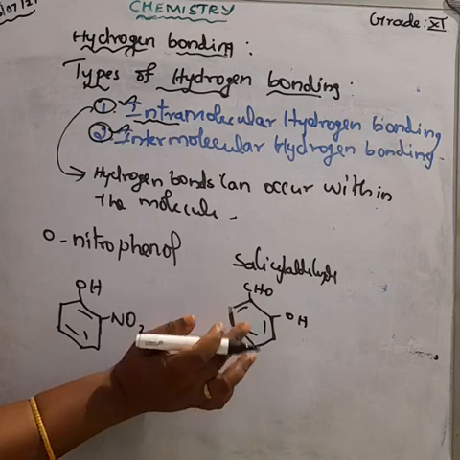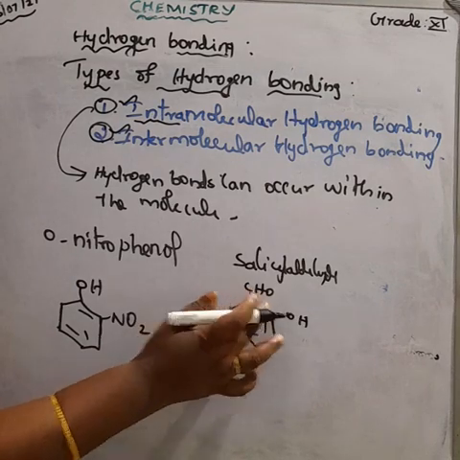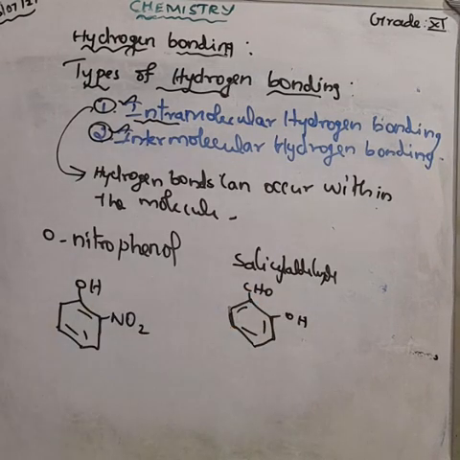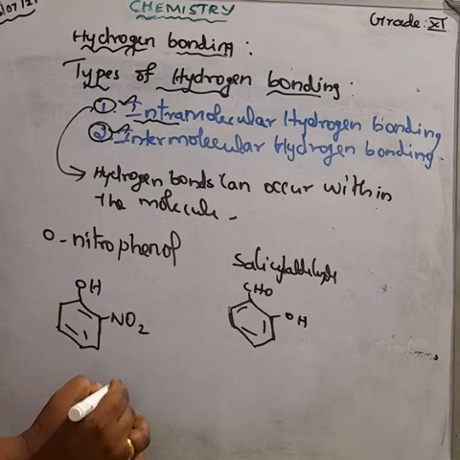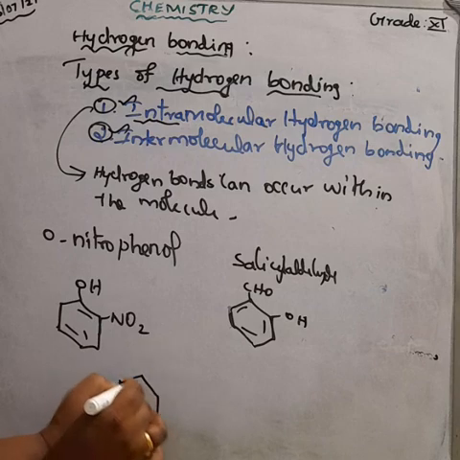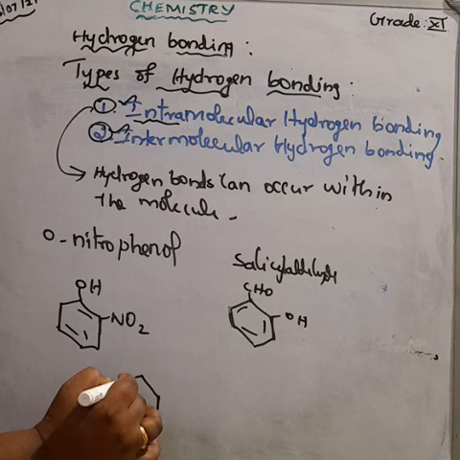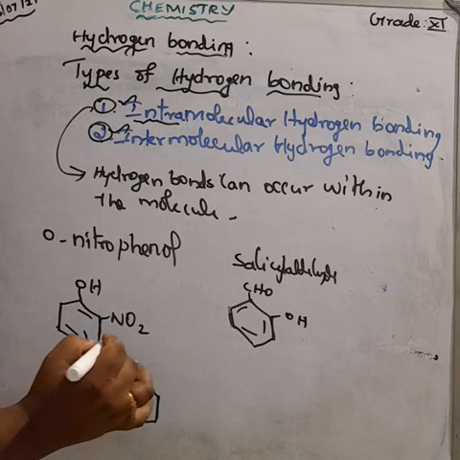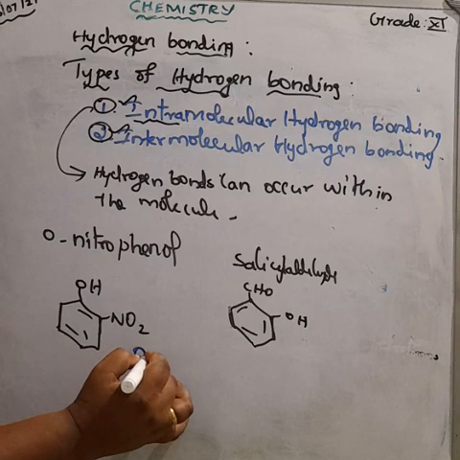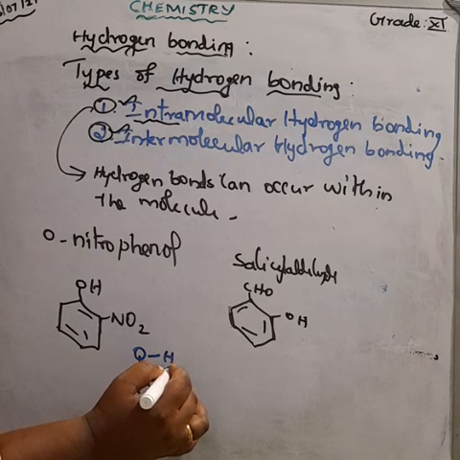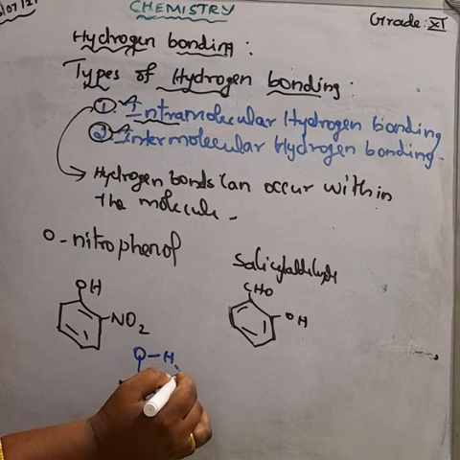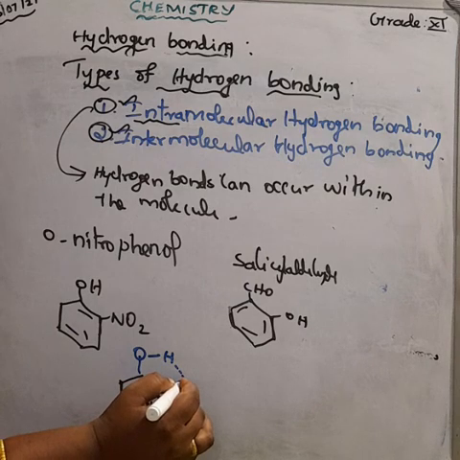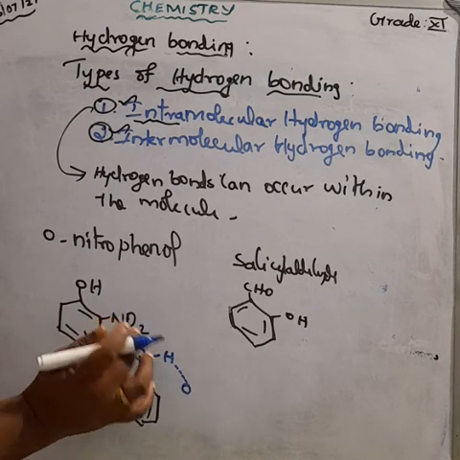Here the hydrogen bond is formed within the molecule. For example, in orthonitrophenol, the hydrogen in the OH group attracts the oxygen in the nitro group.